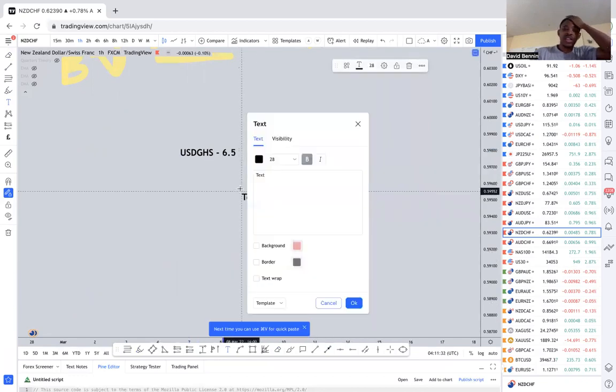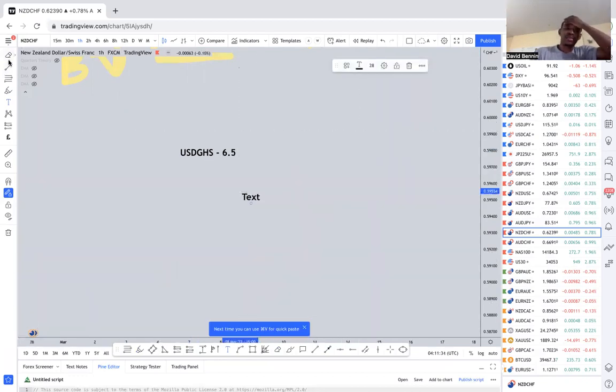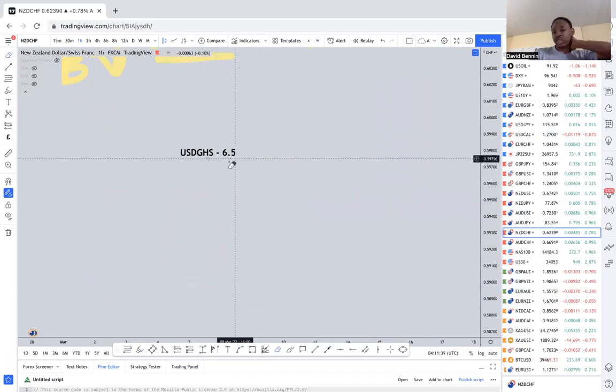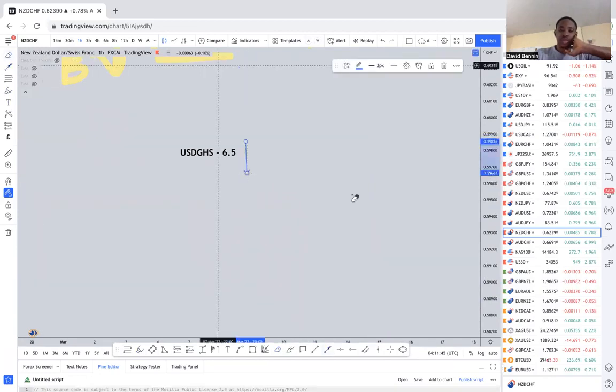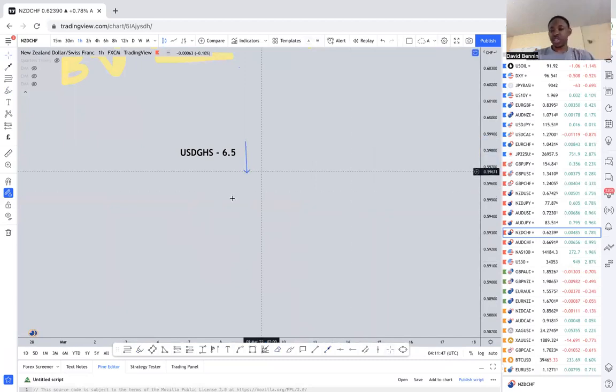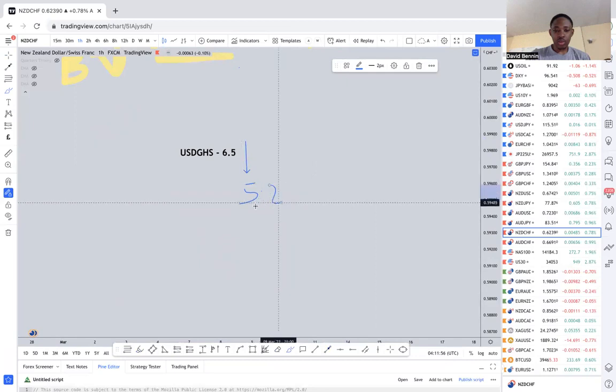So what we are saying is that anytime this value moves down, if this 6.5 goes down to, let's say, 5.2, what we are saying is that it is the second currency, which is the Ghana cedi, that has become stronger, not the dollar, right?